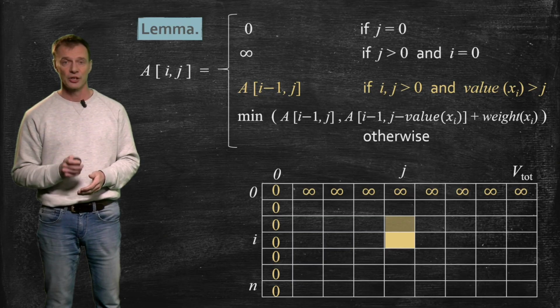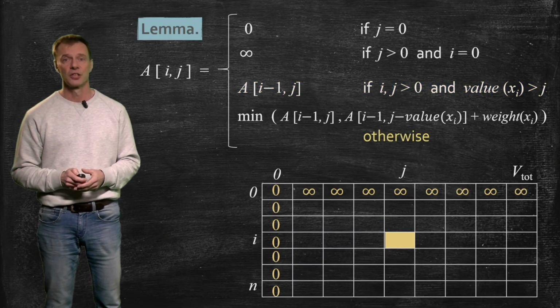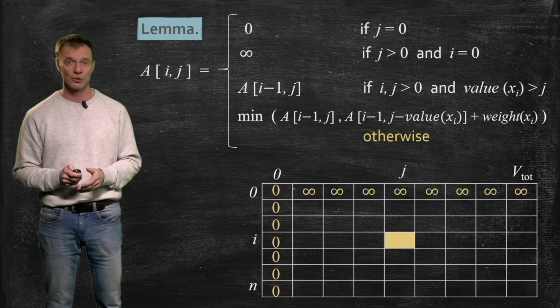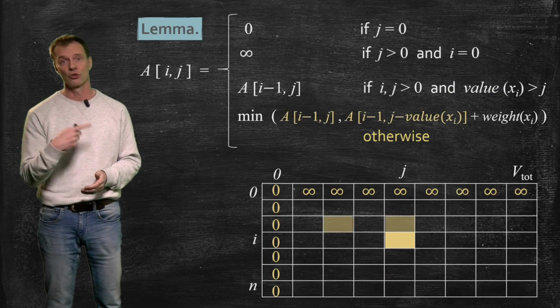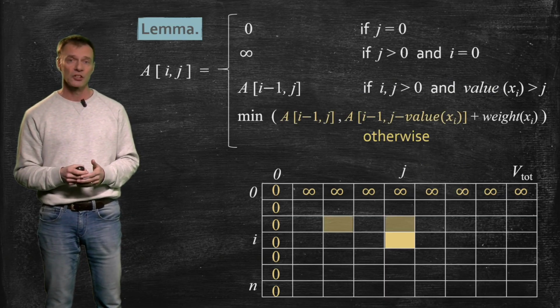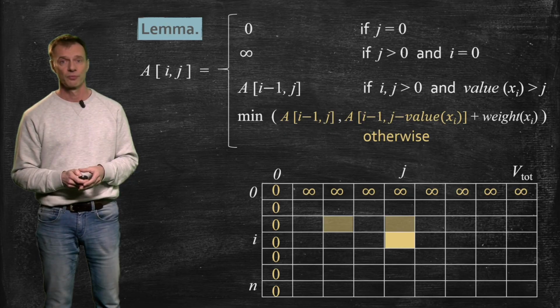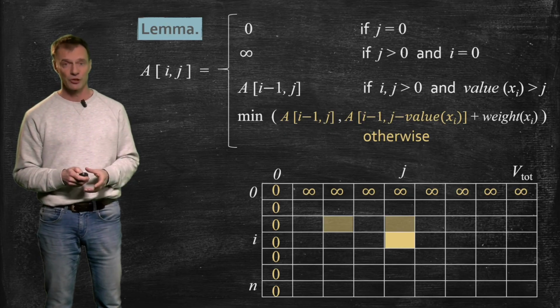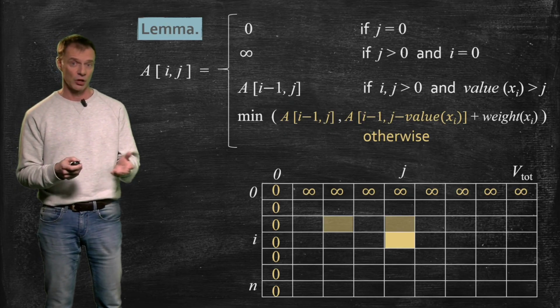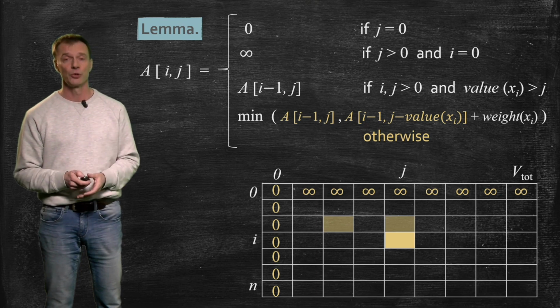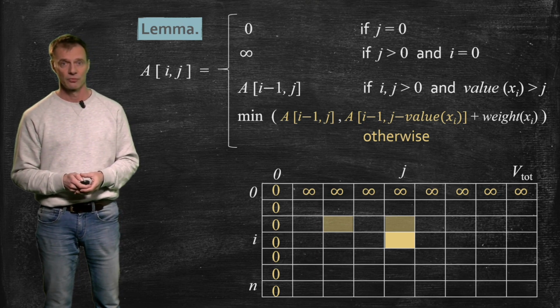In the other case, the second case, then to compute this value, well, I also need the one right above it, but I will also need another table entry, which is also in the previous row. Okay, if I already have these two values, then in constant time, I can compute my a_ij.